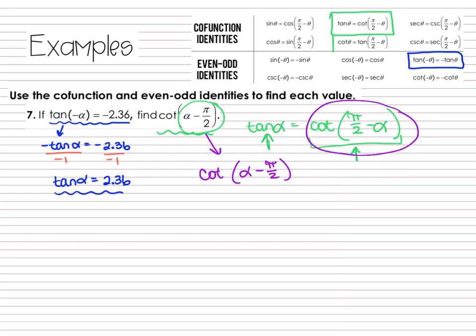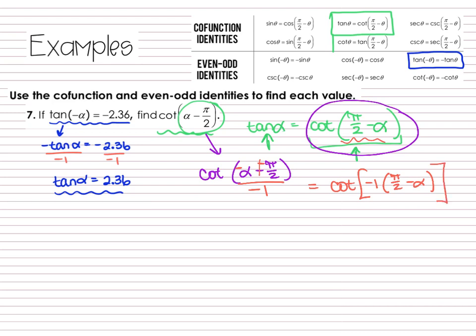If we factor out a negative 1 from this expression, this becomes a negative alpha, and this becomes a positive pi over 2. So what I have when I do that is the cotan of negative 1 times pi over 2 minus alpha. So I'm a step closer to where I want to be.